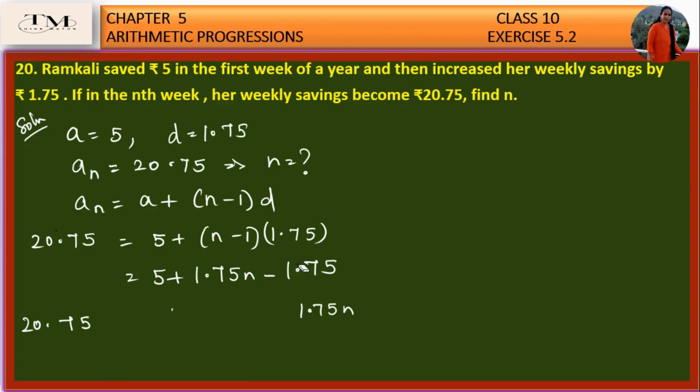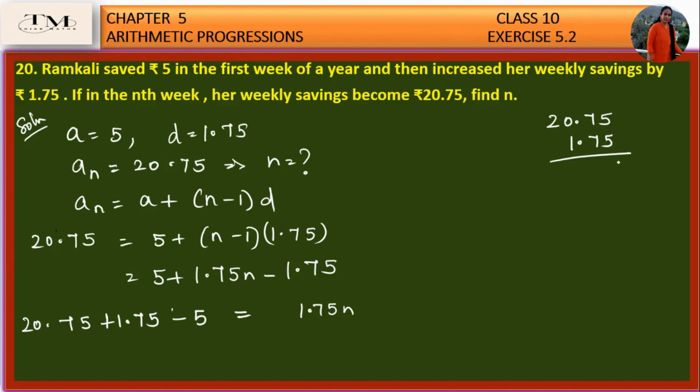So this minus 1.75 will become plus 1.75 and this plus 5 will become minus 5. So 20.75, I am adding 1.75.